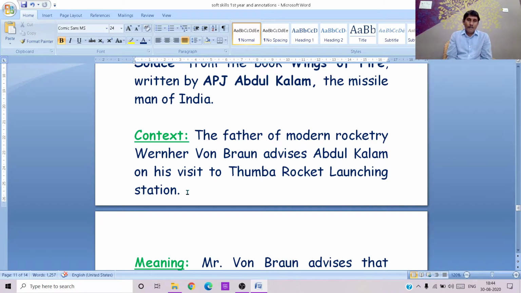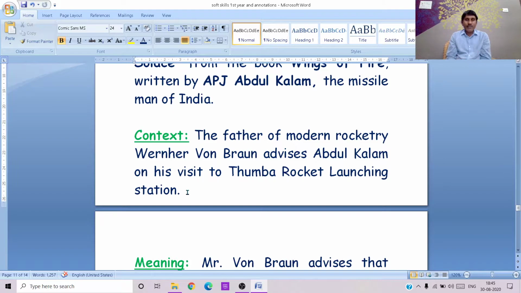Advice to Abdul Kalam. Actually, Werner von Braun was from Germany. He is a German scientist, but after the Second World War, he was picked by America, and he also acted as the director of NASA, the National Aeronautics and Space Administration, the American agency, and he was the man instrumental for sending the first man onto the moon in a mission called the Apollo mission.